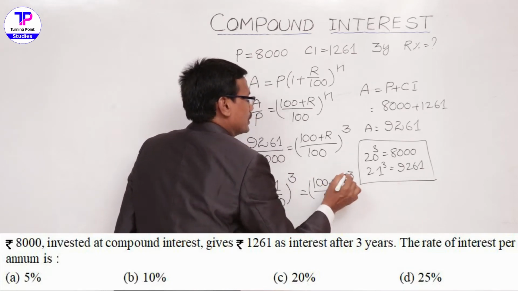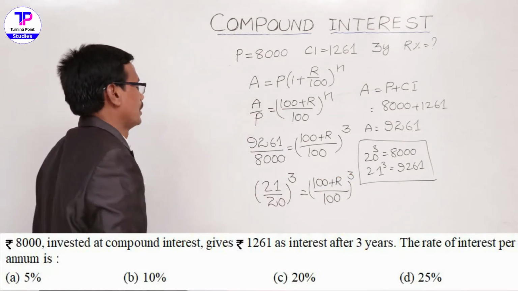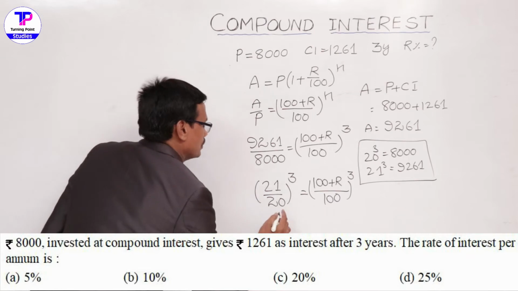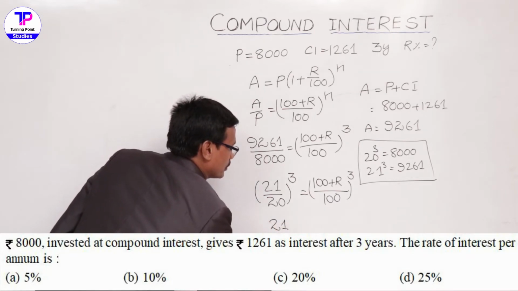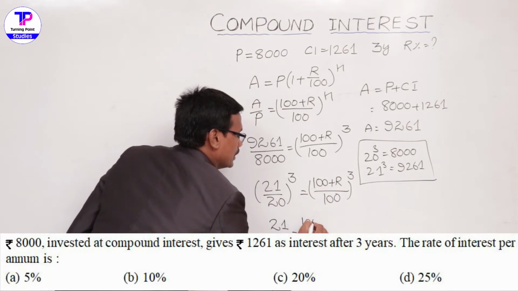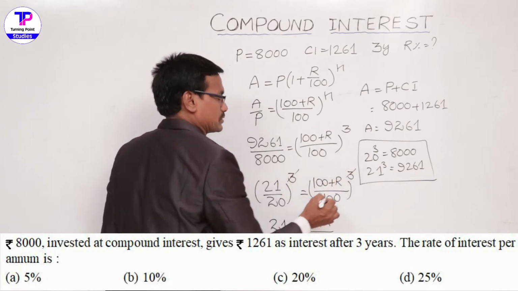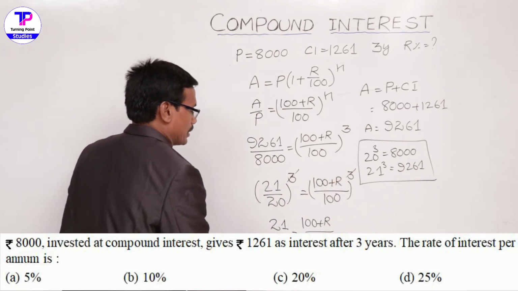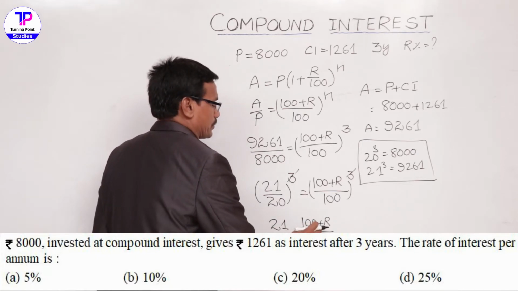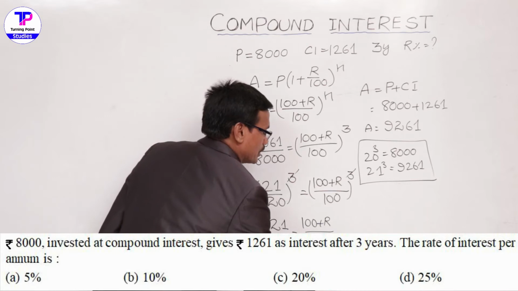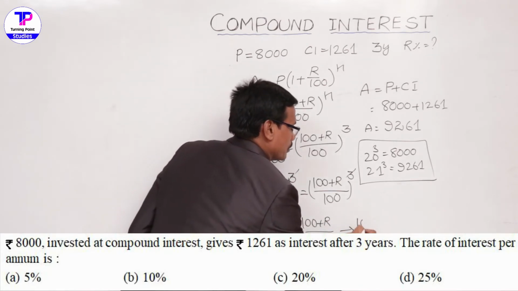Now the cube is common, so that should be neglected. So 21 by 20 is equal to 100 plus R by 100, because the power is common and should be cancelled. You may cancel down and down also, but here it is not possible because there is a plus sign here. So take cross multiplication. 5 into 21 is equal to 105.